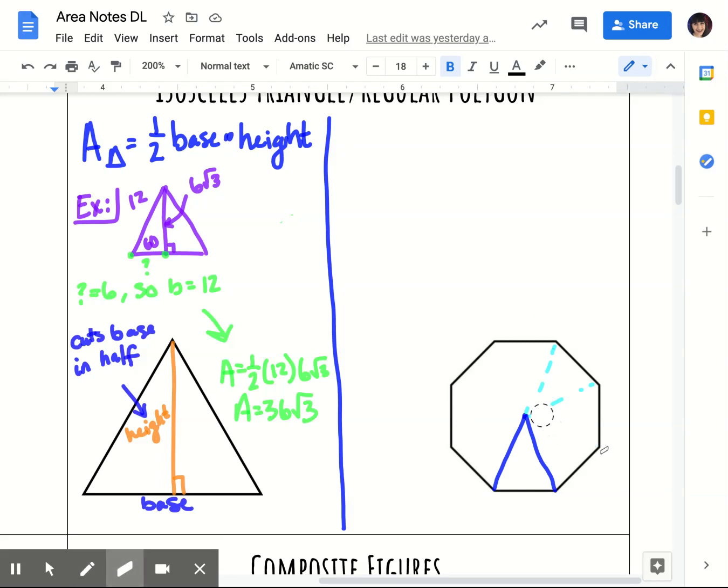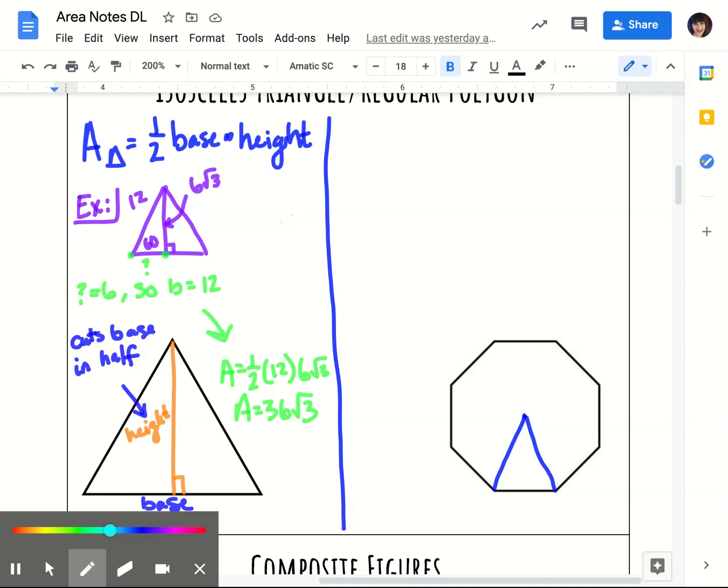So if you can find the area of one of those isosceles triangles, then you can just multiply that area by the number of triangles you have, and that will give you the area of the regular polygon.